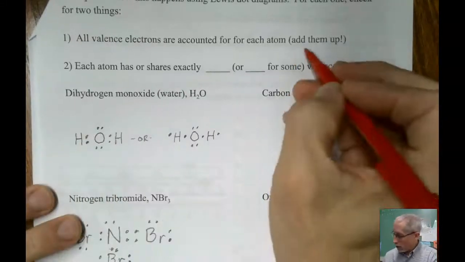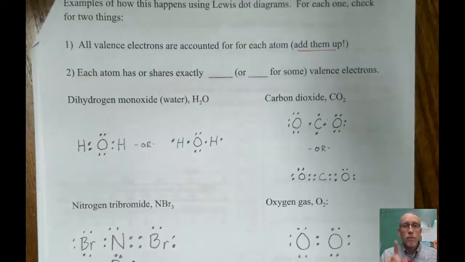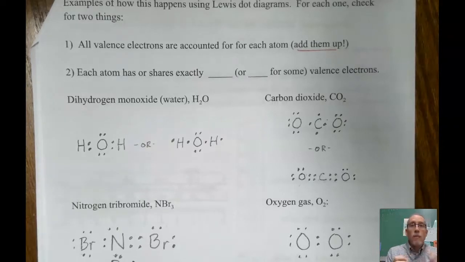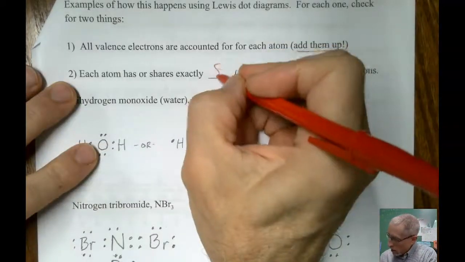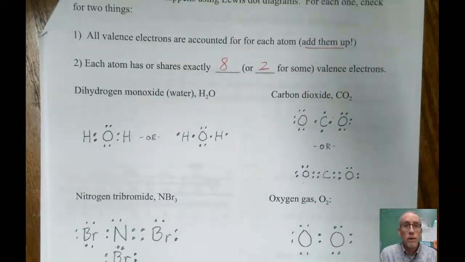Okay? So you're going to add them up and make sure they add up to the total that they should. Number two, once the electrons are moved around and shared properly, every atom must be adjacent to or must have a share in 8 outer electrons, except for those few that I mentioned that are okay with just 2.